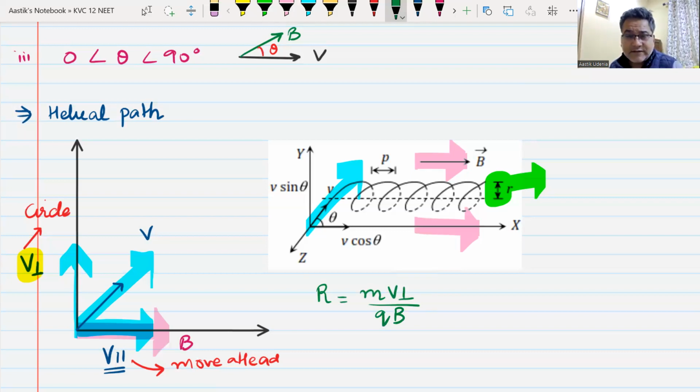This v perpendicular is the velocity which is perpendicular to the magnetic field. So this becomes m v sine theta divided by q into B. Do you understand this, everyone?